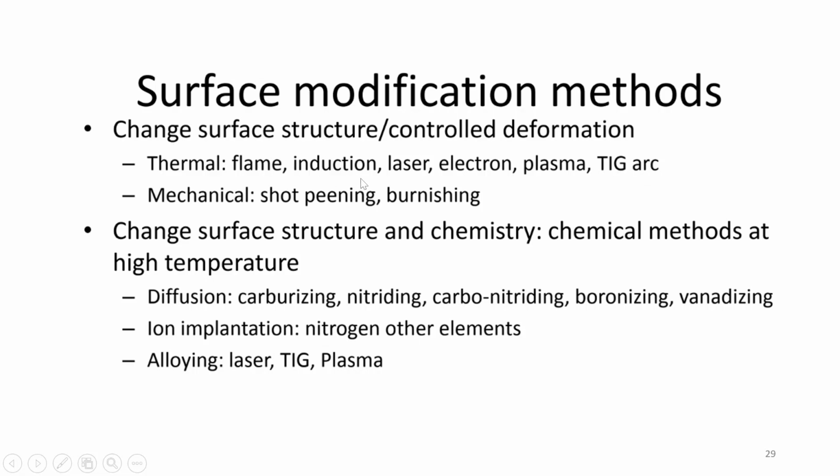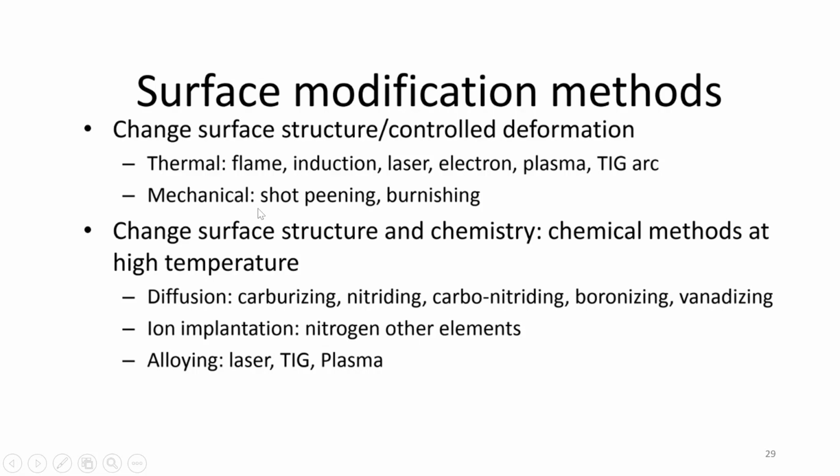These all can be used for heating only the surface of the steel. So after heating this, it is cooled very fast, so it will be forming structures having very high hardness.